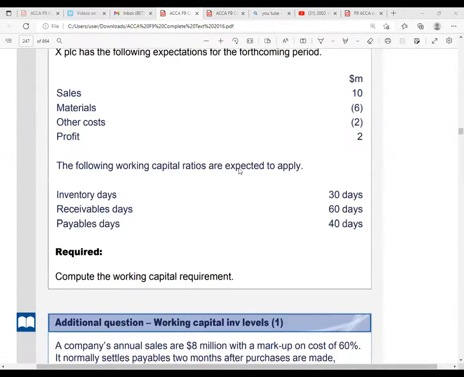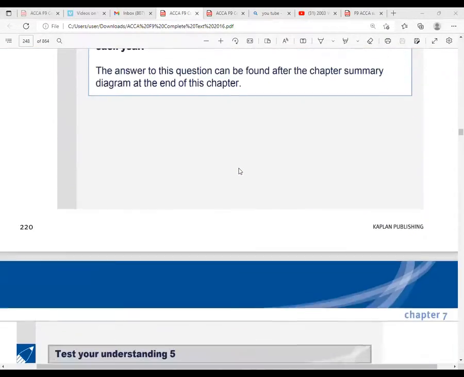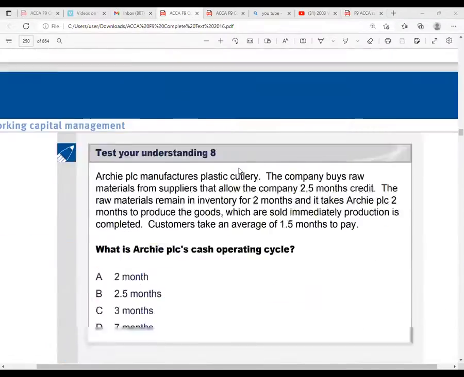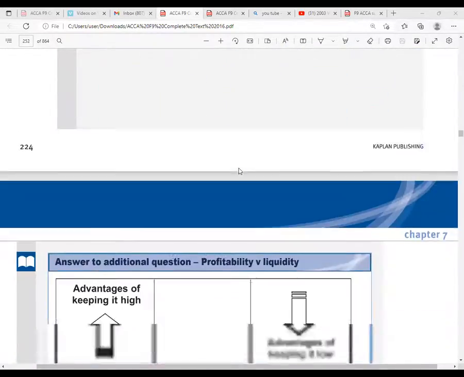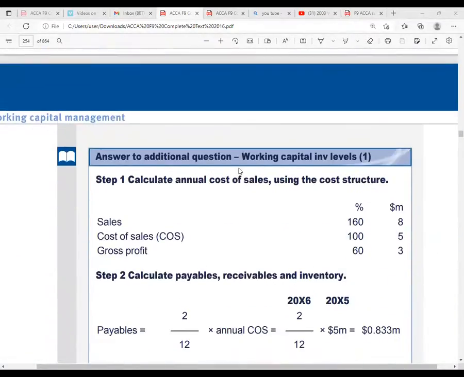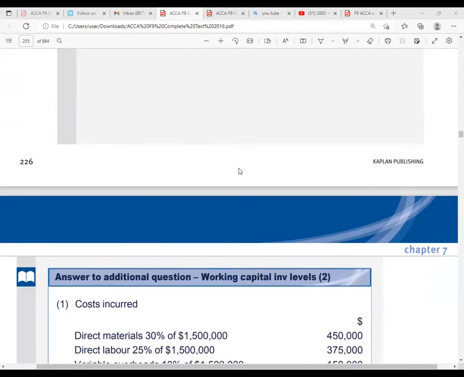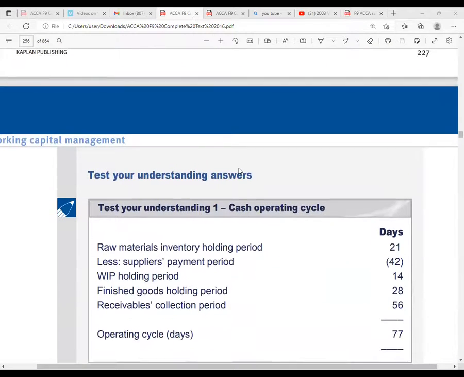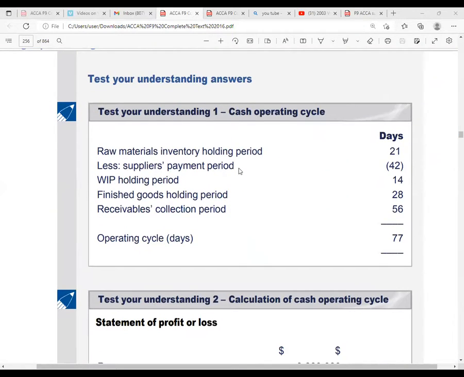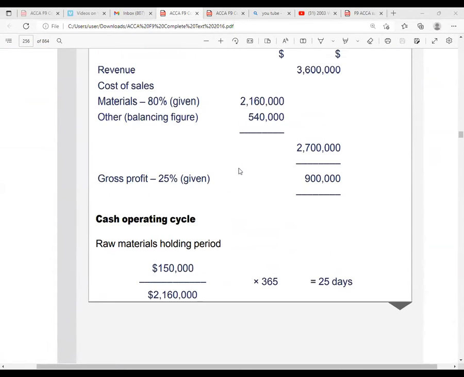Let me just check. Yeah, it's here. Great.